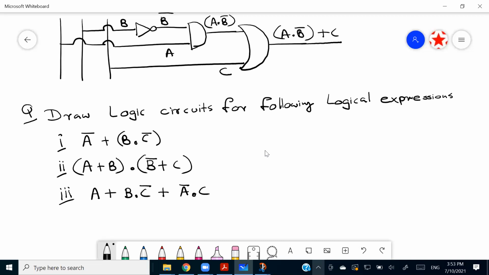Let me see. All right, first one is correct. Very good. Second one, yeah, that is correct as well. Well done. Go for the third one.